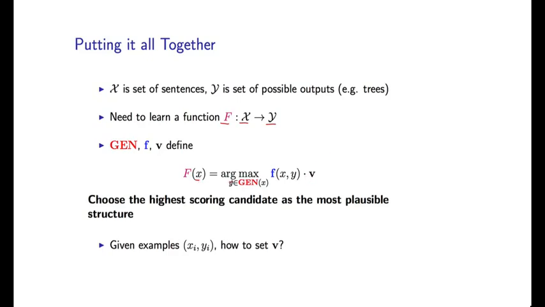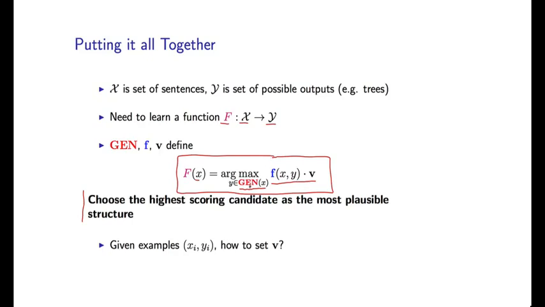We simply search for the y in the set of candidates GEN(x) that maximizes the score I showed you on the previous slide. So it's really a very simple idea. We simply choose the highest scoring candidate as the most plausible structure.